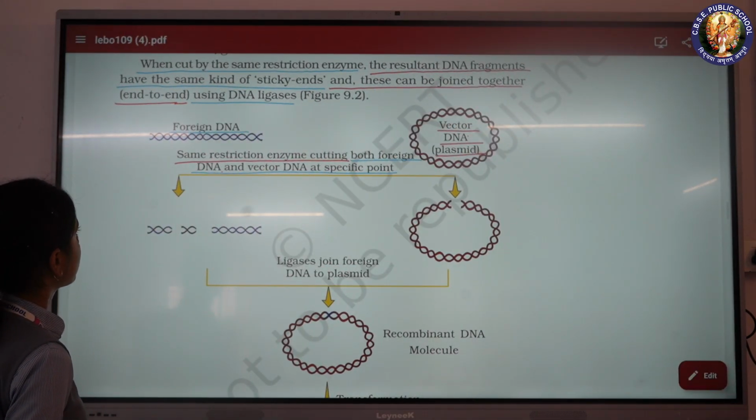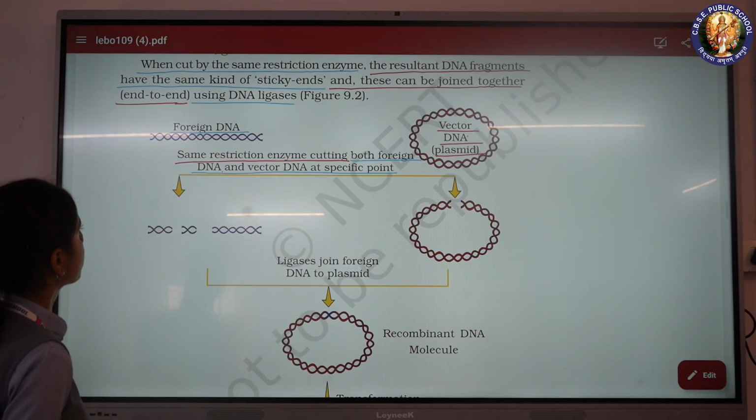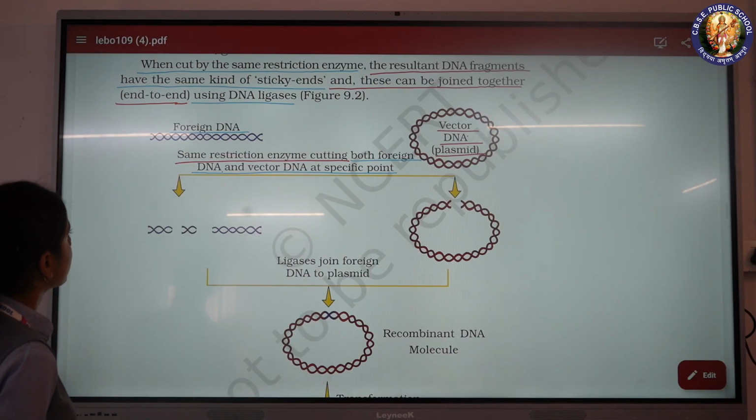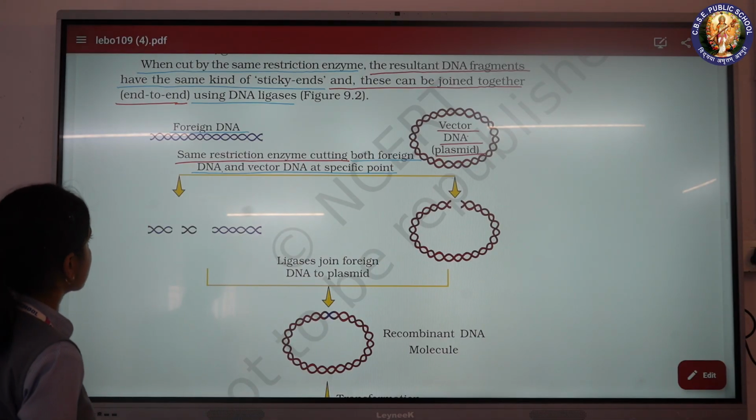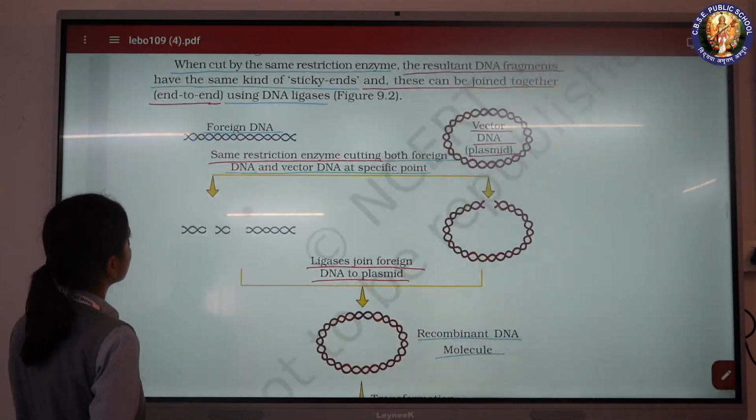When cut by the same restriction enzyme, the resultant DNA fragments have the same kind of sticky ends, and these can be joined together end to end using DNA ligases.